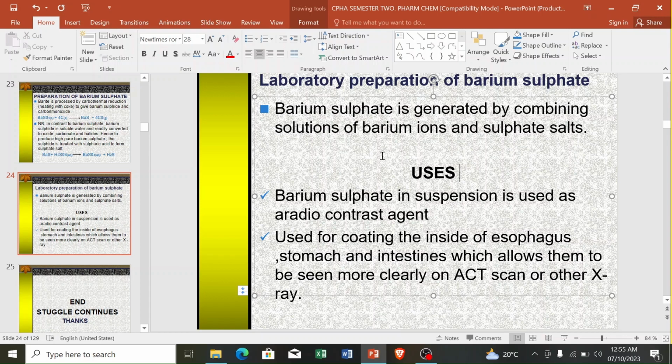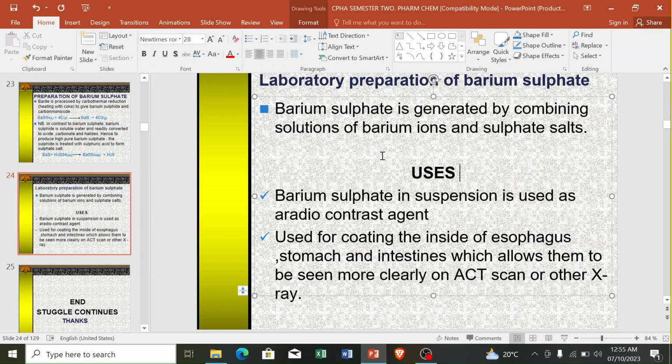So this is all about barium. It is not so much like calcium and magnesium. Here we see that there are no physiological properties or actions of barium, but it is also good to explore and find out more about it.